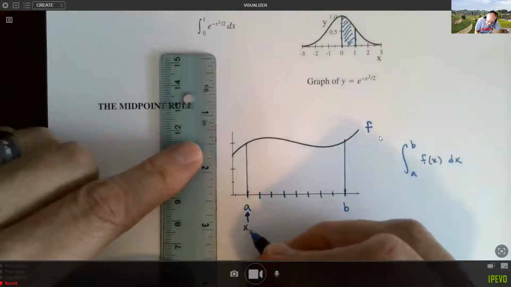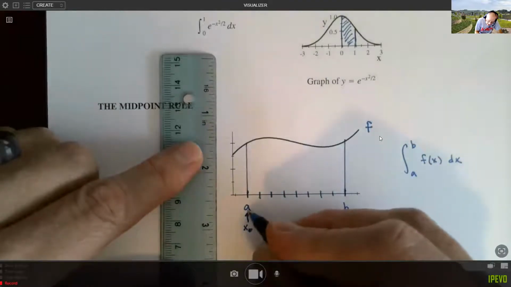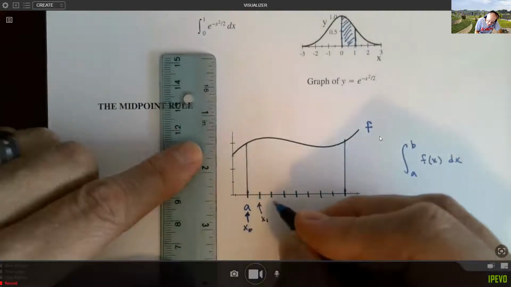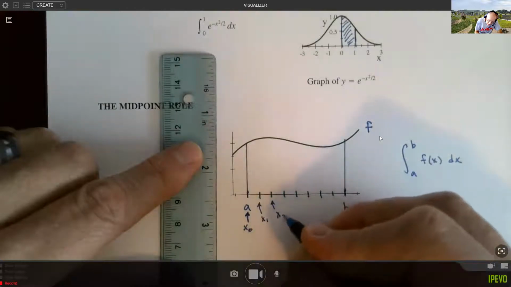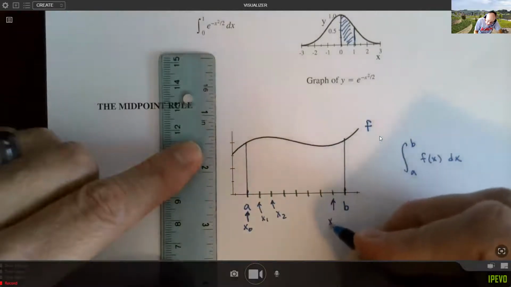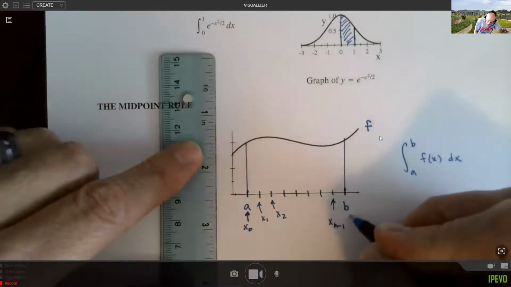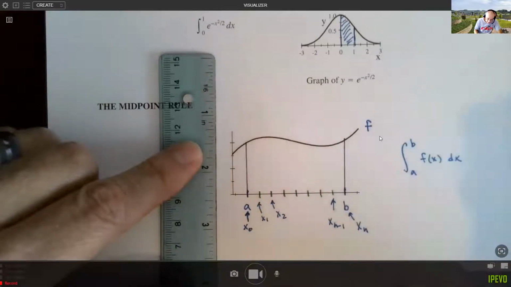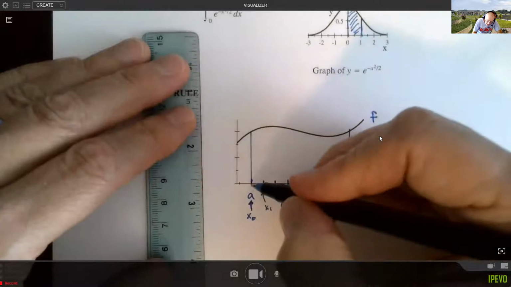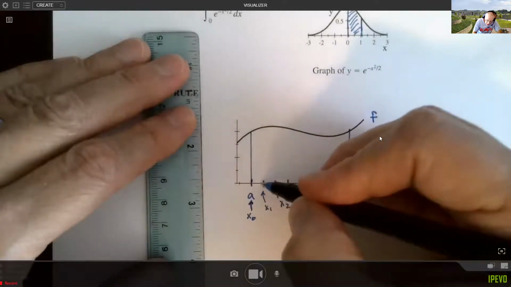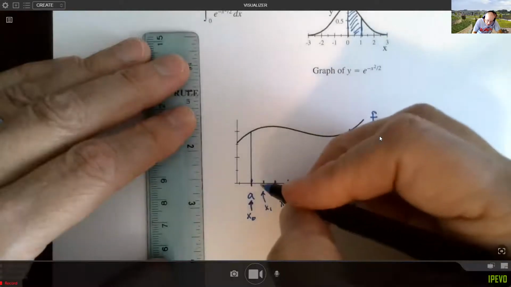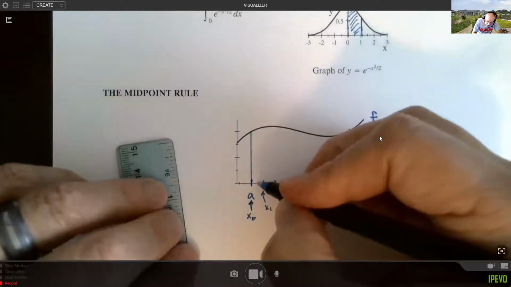The x sub 0 was this a, this first endpoint, and then this right here was x sub 1, and then x sub 2, and so on, all the way down to x sub n minus 1, and b was x sub n. All right, so for each subinterval, so from x sub 0 to x sub 1, the first subinterval, what is going to be the height of the rectangle? Well, in the midpoint rule, what we use is the midpoint.